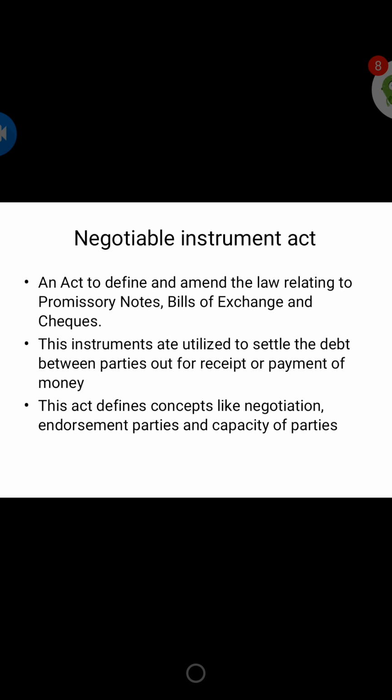These instruments are used to settle debt between the parties or for receipt or payment of money. This Act defines concepts like negotiation, as I explained, and also endorsement. Endorsement means a signature authorizing the legal transaction of a negotiable instrument between the parties.